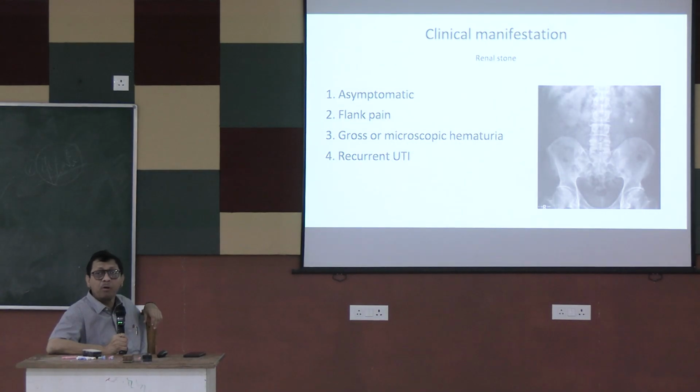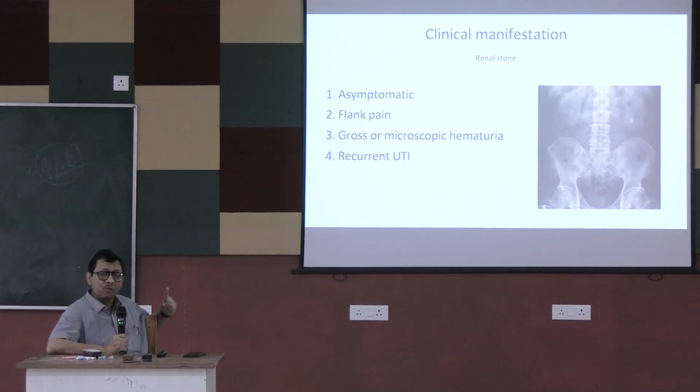But what is the importance? If we miss an asymptomatic stone, it may stay in the system and cause obstruction. Slowly it will increase in size, cause obstruction, and destroy the parenchyma, because there is increased pressure inside the system, which leads to dilatation of the system.